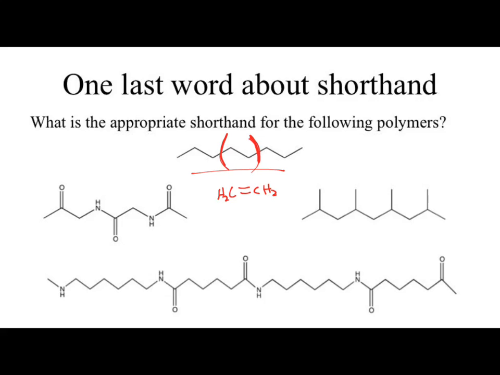If we took a look at this next one, what polymer do we have here? We're looking at a condensation. Again, carbonyl condensation. Shorthand for this, there's a couple approaches to it. One approach would be going through here.